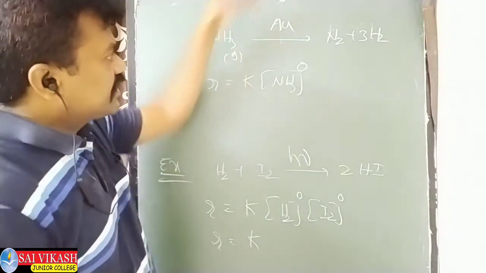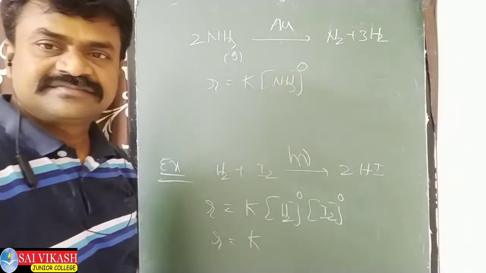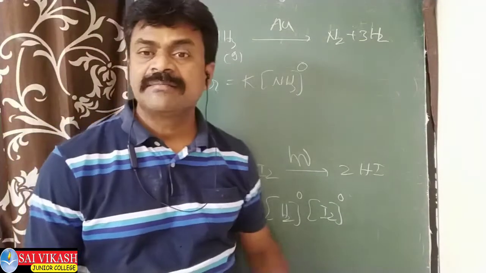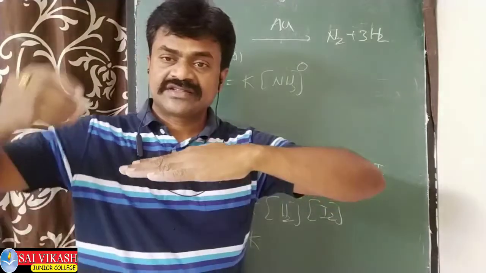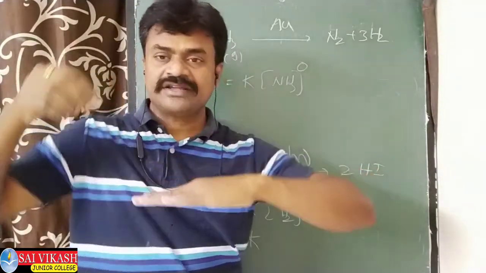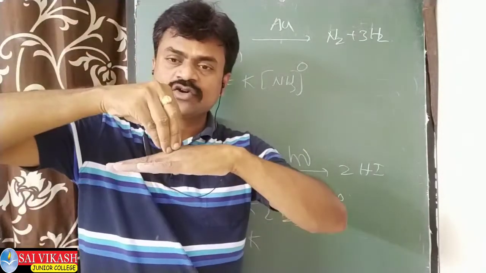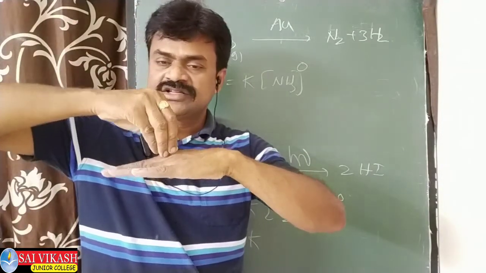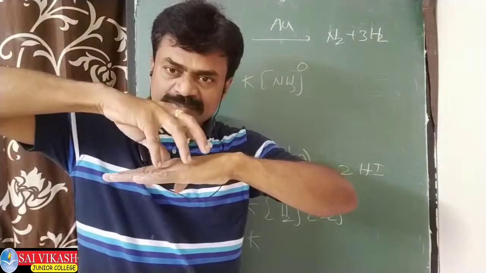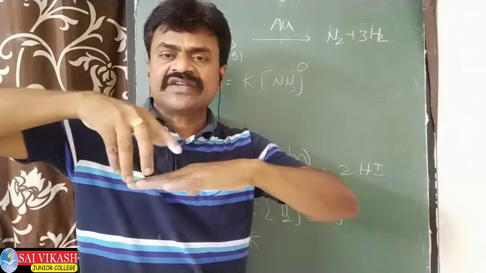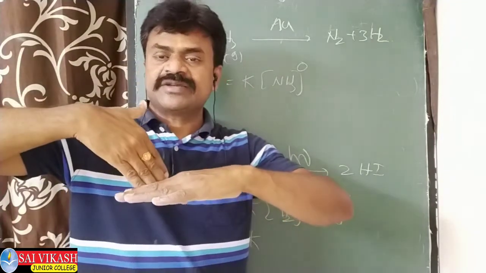So here, in the presence of the metal surface, why is it a zero order reaction? Because, see, on a metal surface, any gas is occupying it at constant speed. Whatever space is available on the surface, we cannot increase the space, we cannot decrease the space.